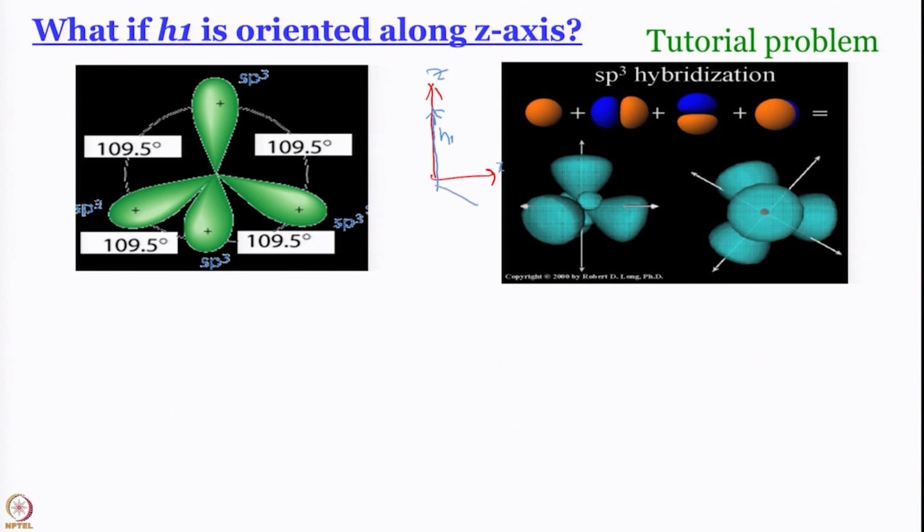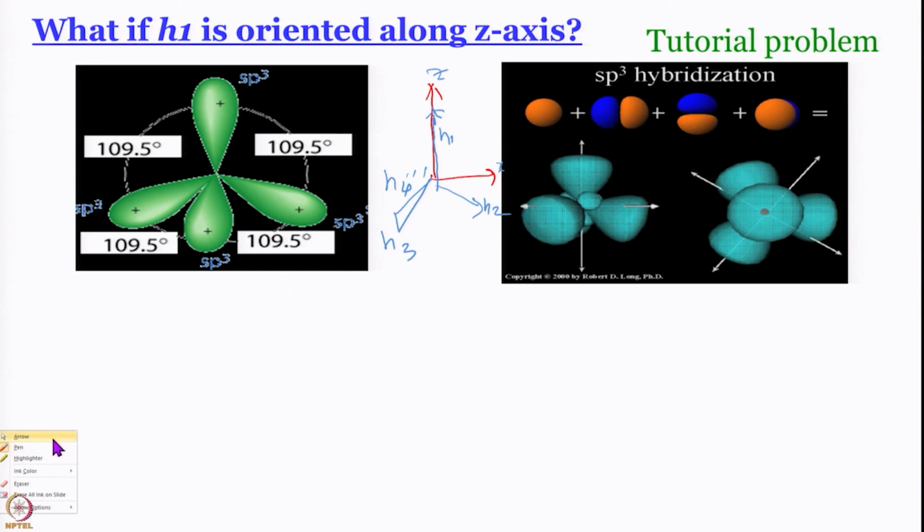So it will be something like this, H2. This is 109.5 degrees, 90, so 109.5 minus 90. Now where will H3 and H4 be? One will be above the plane towards us, let us say that is H3, the other will be below the plane away from us, H4. This is how we have held the molecule now.